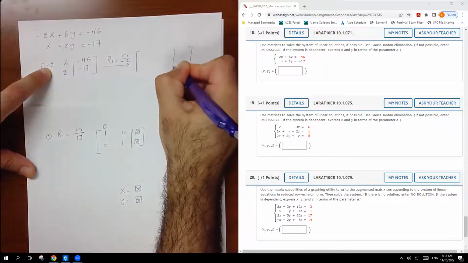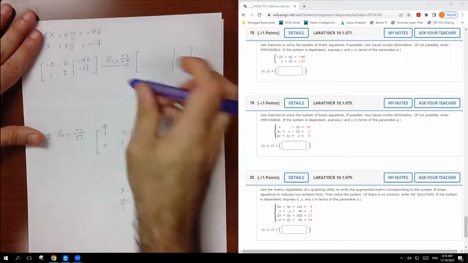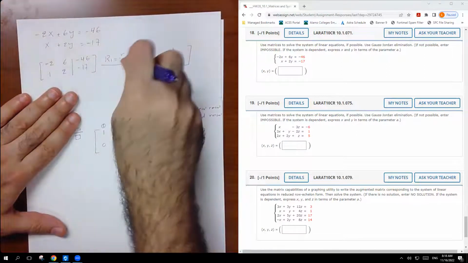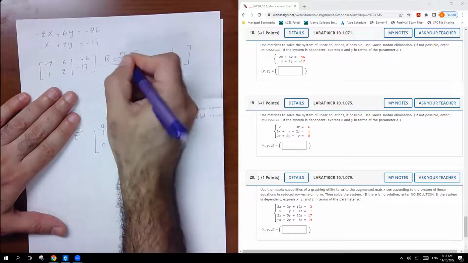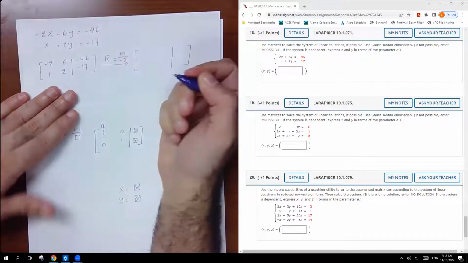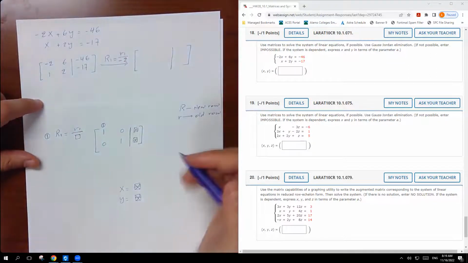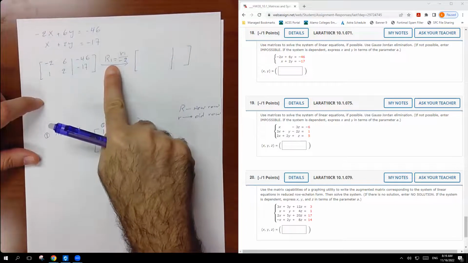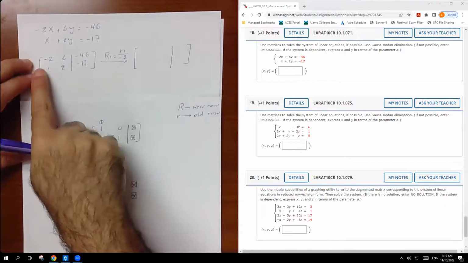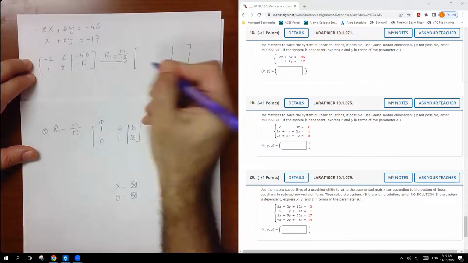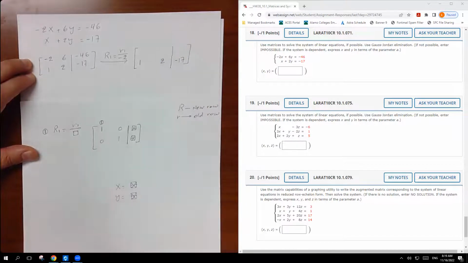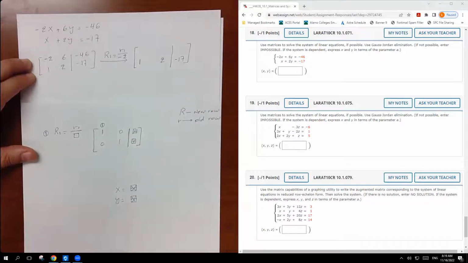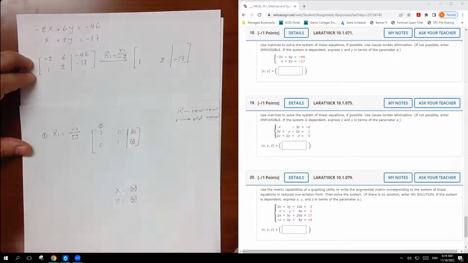I'm going to get a new matrix. The old R1 divided by negative 2. That means the change is going to be on R1. So R2 is going to be the same, which is 1, 2, negative 17. Let's do the steps here to find the numbers.